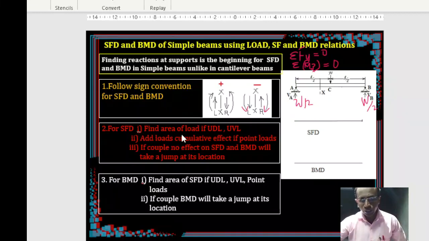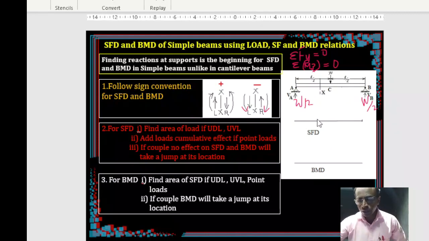So here for the shear force diagram, if you want to construct it, you can find the areas if it is UDL or UVL. But when it is a point load type, you can cumulatively add it one load after the other.